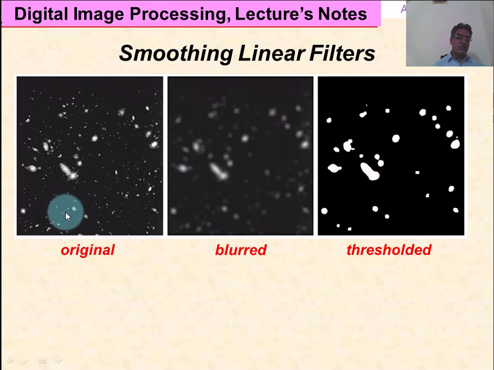So firstly this original image is blurred, and then we perform the threshold operation, and we say that if the pixel value is greater than, let's suppose, 150, then make it white, and if it is less than 150, then make it black. Then it will become a black and white image, and this is the threshold image, because we have applied 150 as a threshold.